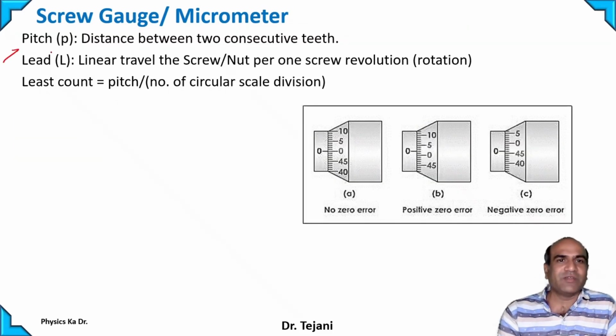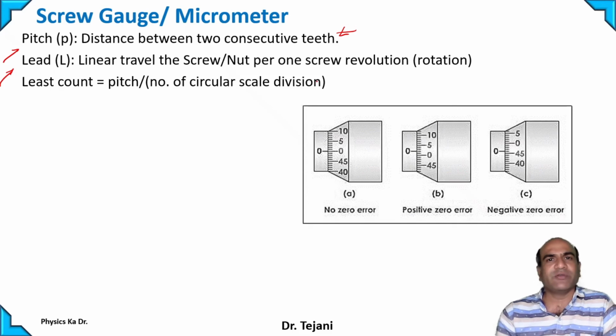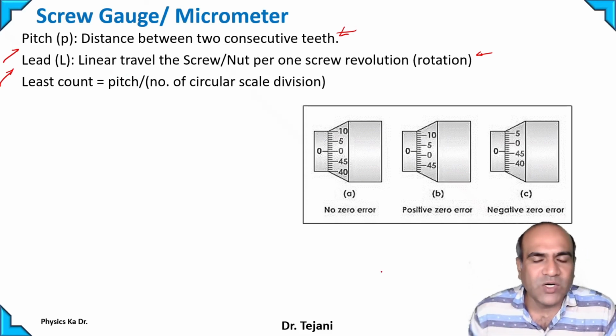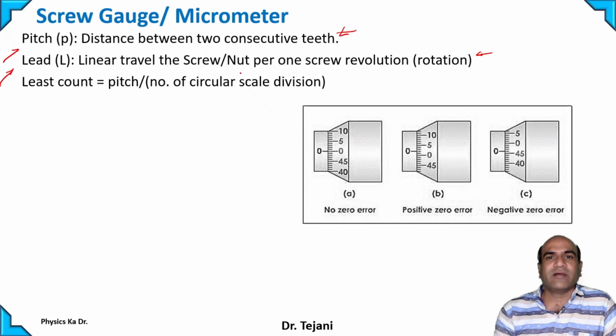So pitch we know is the distance between two consecutive threads, and we also need lead. If you want to understand what lead is, I think you should refer to my video on lead for the screw gauge. So lead is the linear travel of the screw or nut for one screw revolution.